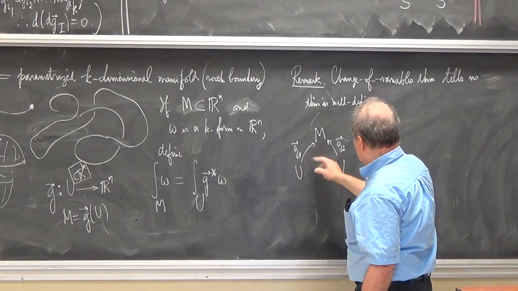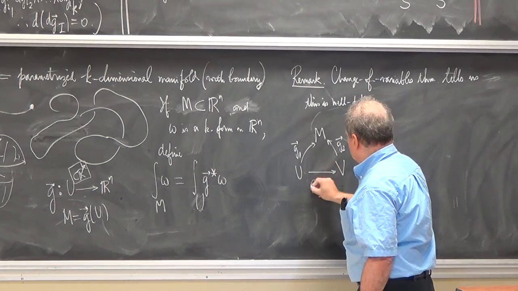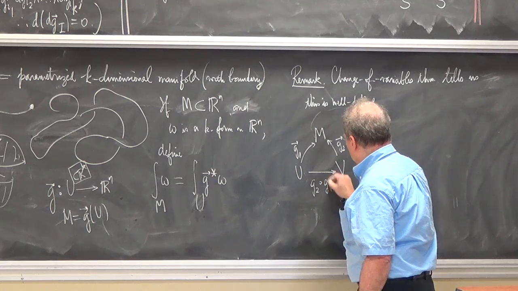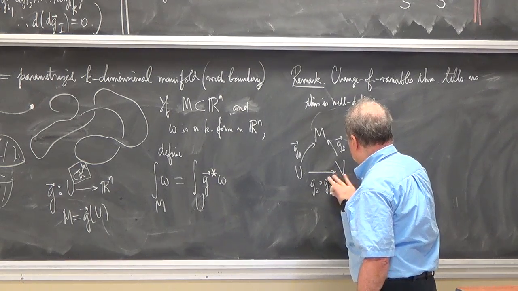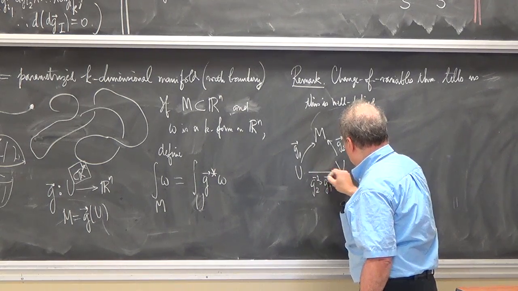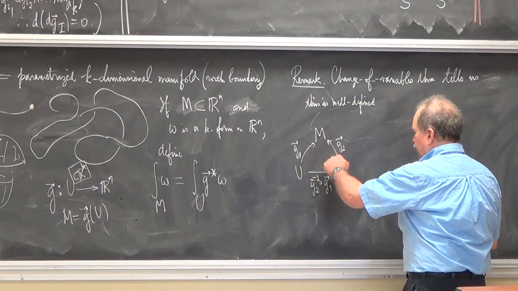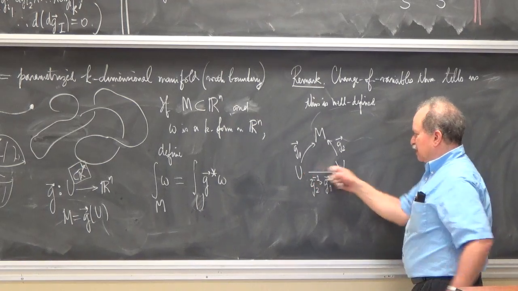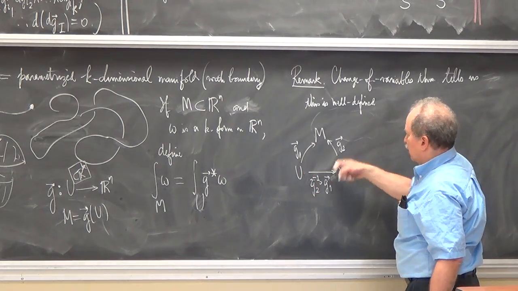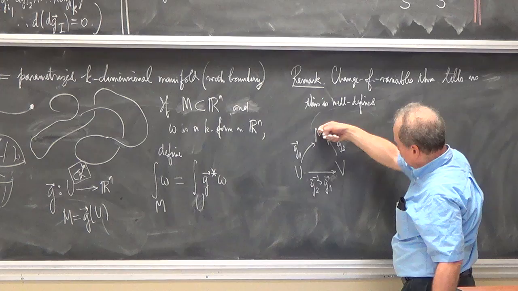So I can do, for example, G2 inverse composed with G1. So I can go here and here, do change of variables here, and it's going to tell me exactly that I get the same answer when I pull back here and I pull back here.